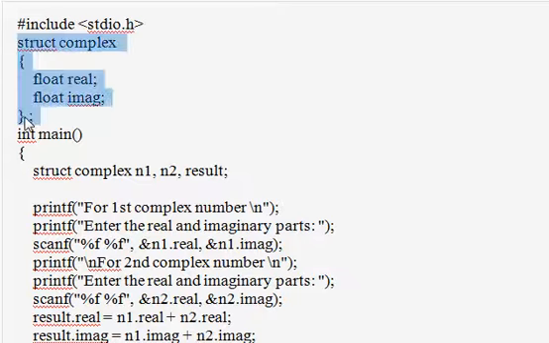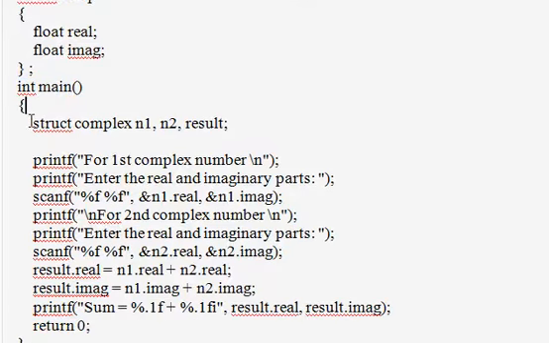Next, I am not taking any structure variable here. I can take structure variables in the main function. Program execution starts with the main function, and in main I am declaring structure variables.